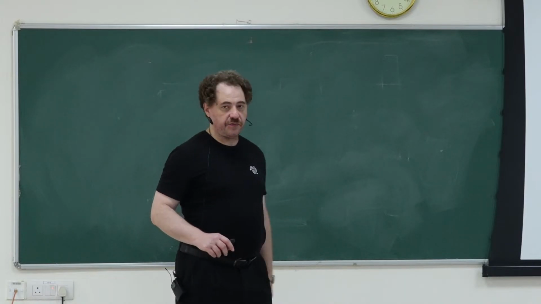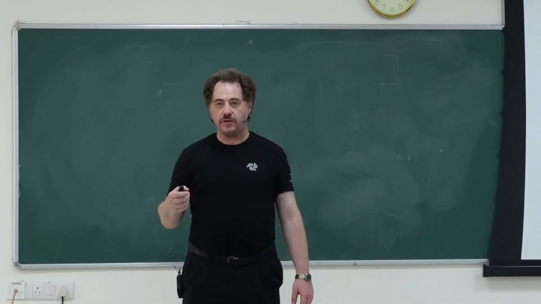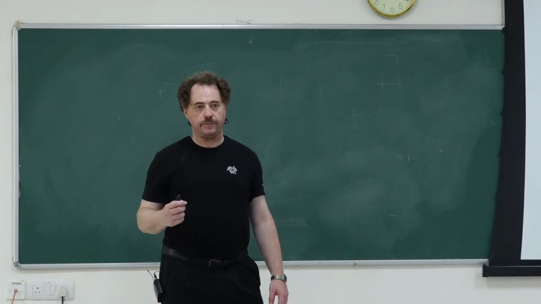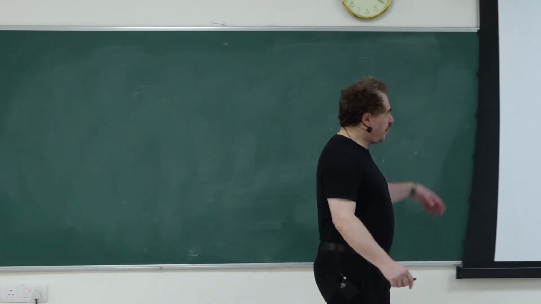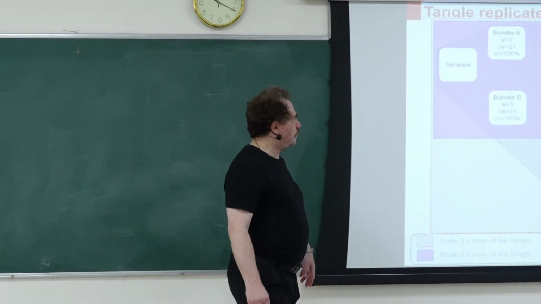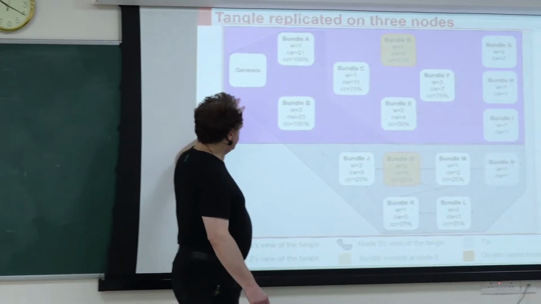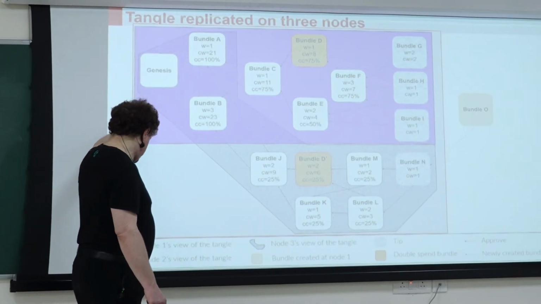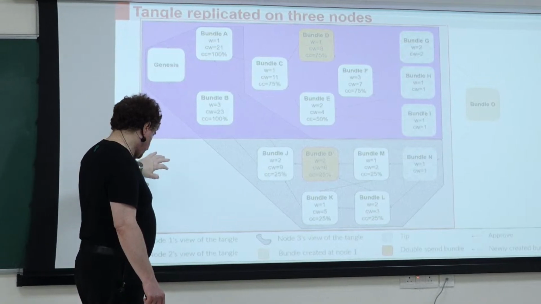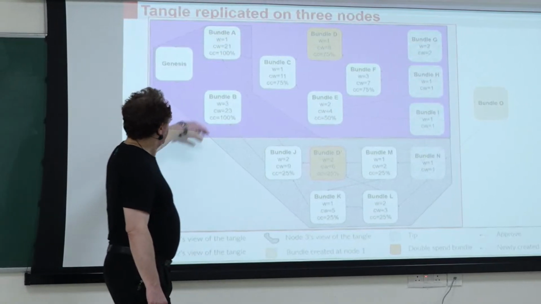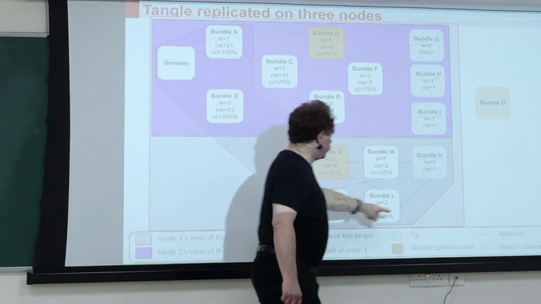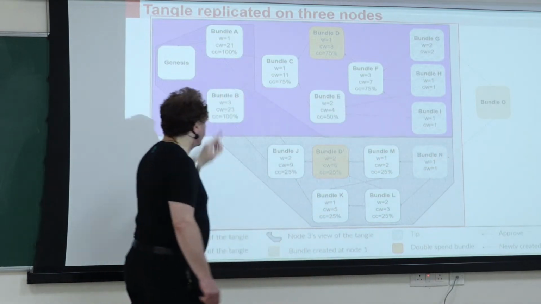And this is the reason for the divergence in views. It's called a view of the node. So here we have 3 different views. This is the view of node 2, this is the view of node 1, and this is the view of node 3. Okay?